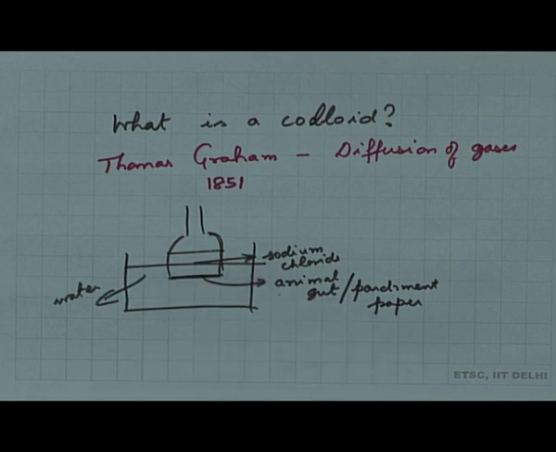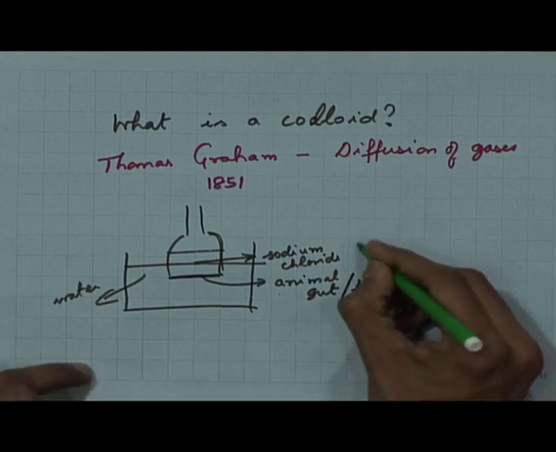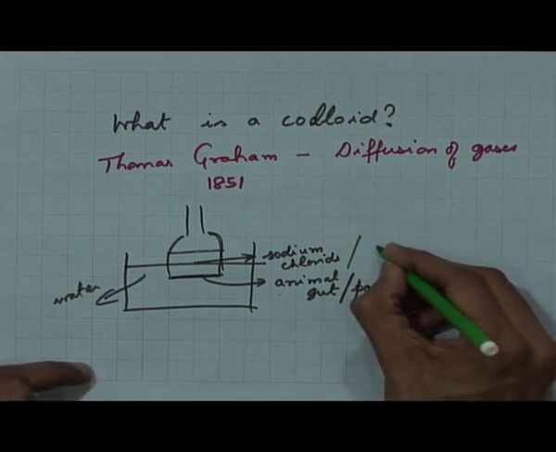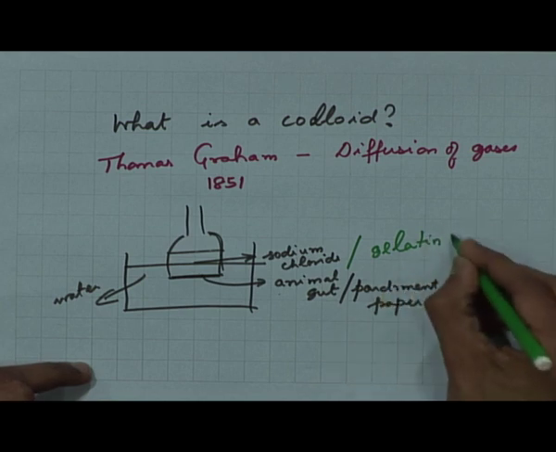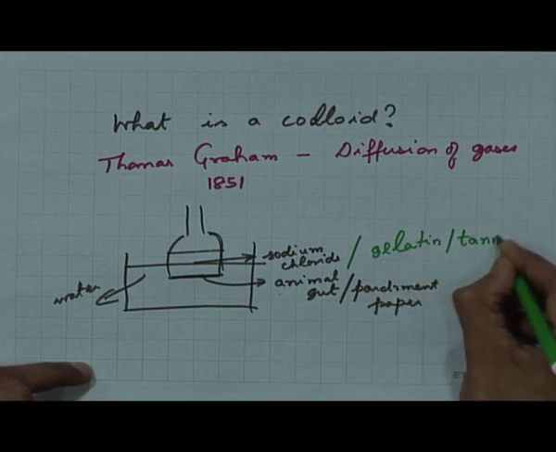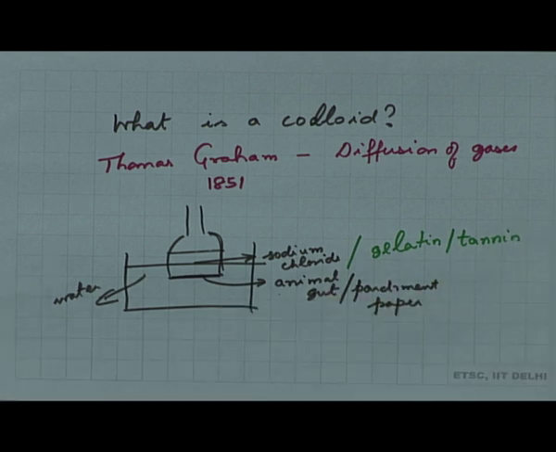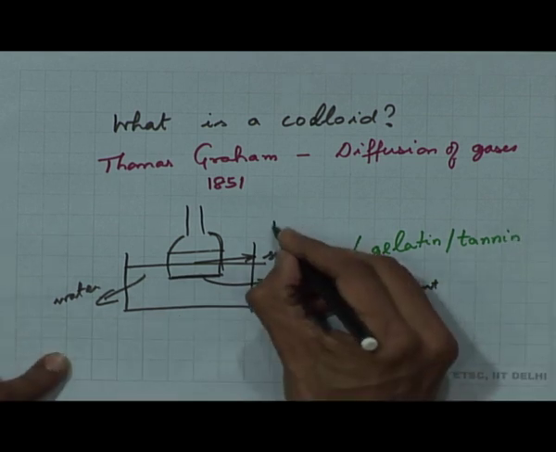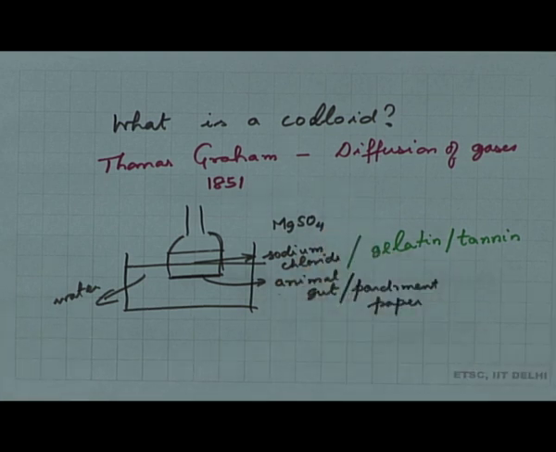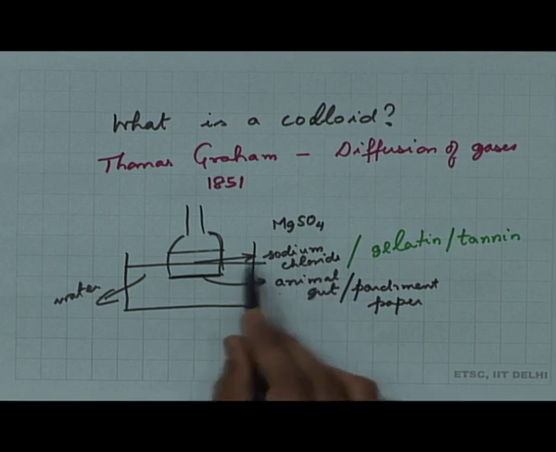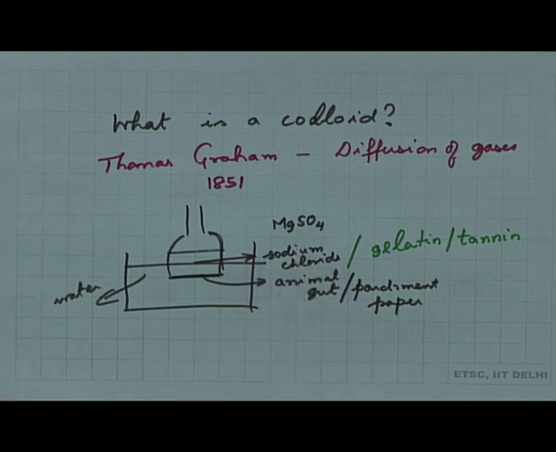A similar thing he does with other things like gelatin, tannin, and other salts like magnesium sulfate, etc. And what he found was that when he did this experiment, this is called dialysis.